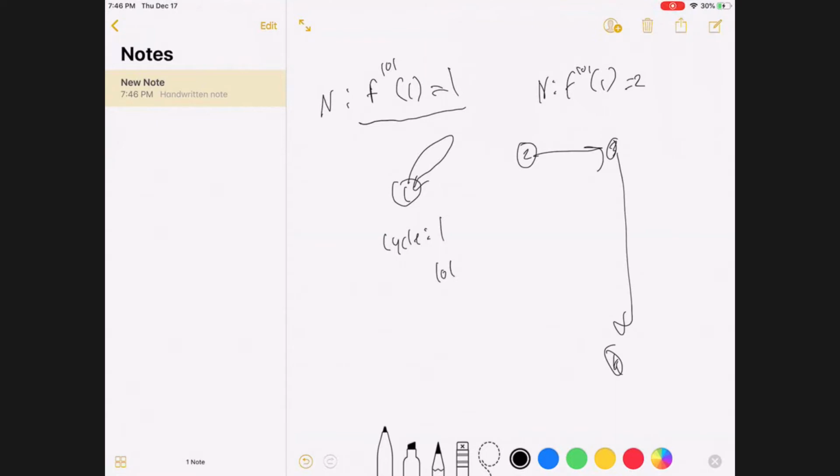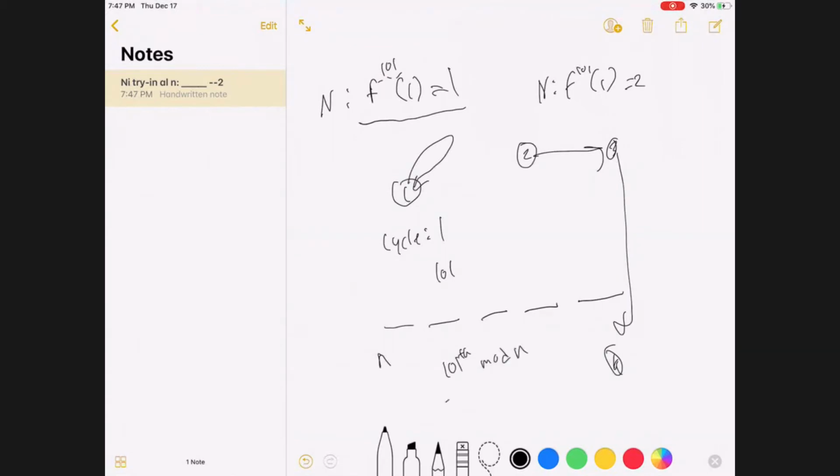And the key observation here is that the cycle length must divide 101. And why is this? Because if the cycle length does not divide 101, then if the cycle has n elements, and you take the 101st application of f, then you'll be taking the 101st element of this set mod n.